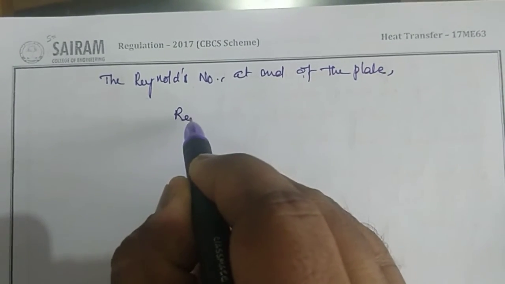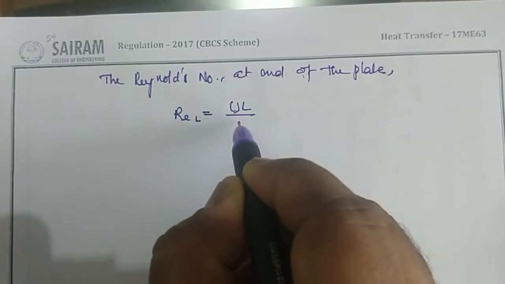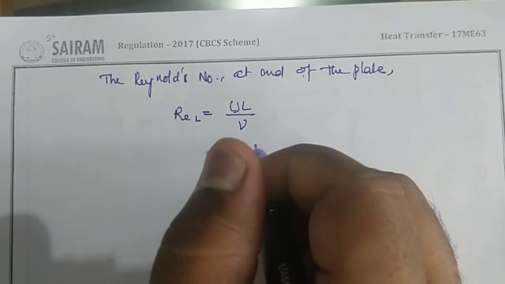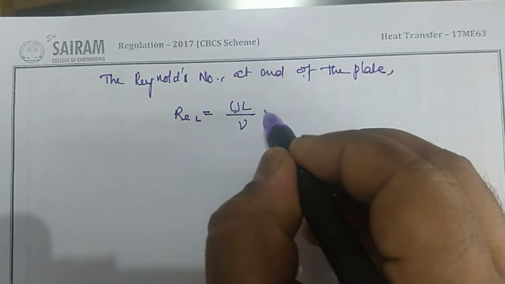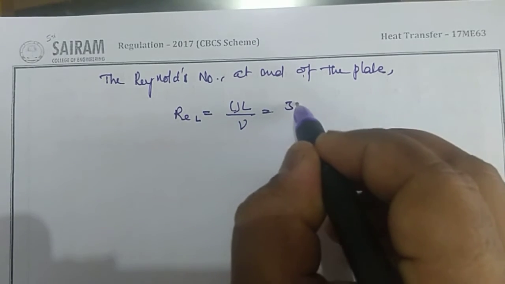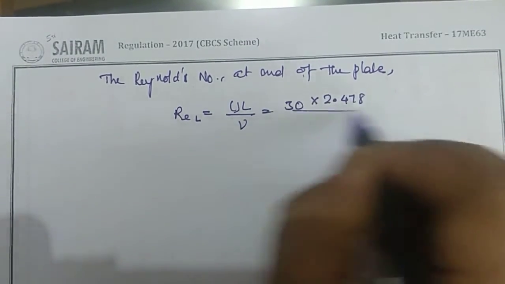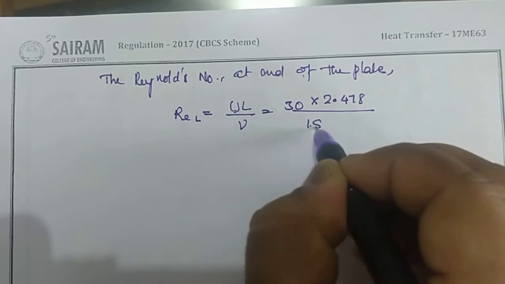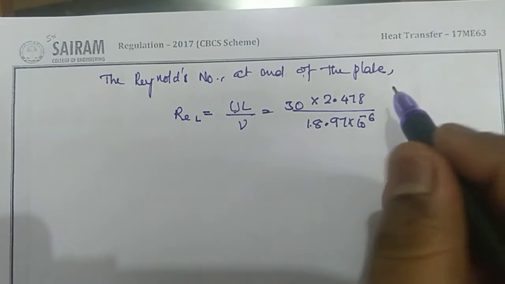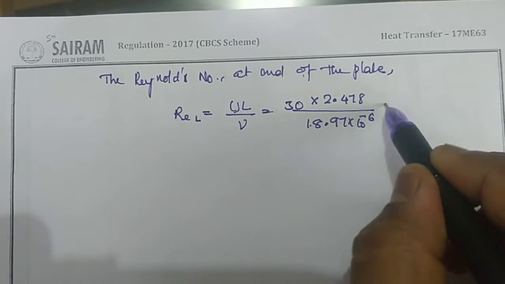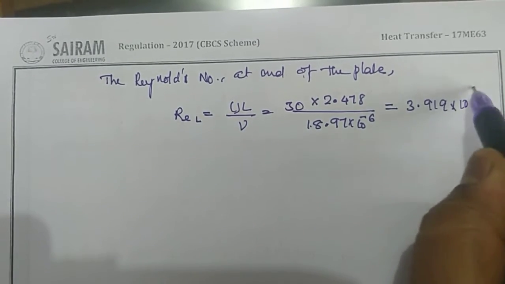Re_L is equal to U L by nu, which is equal to 30 into L, already calculated, divided by 18.97 into 10 to the power of minus 6, which is around 3.919 into 10 to the power of 6.